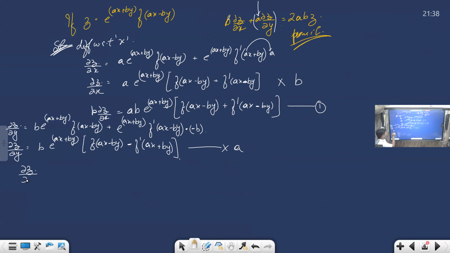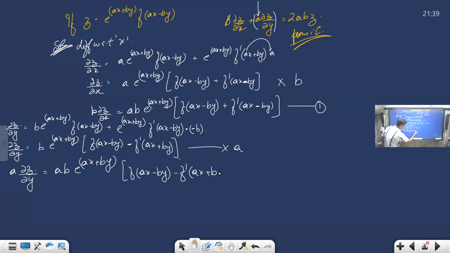Del z by del y, a into ab e to the power ax plus by, brackets f of ax minus by minus f dash of ax plus by. Close it. So this is my equation 2. So I am ready with it.